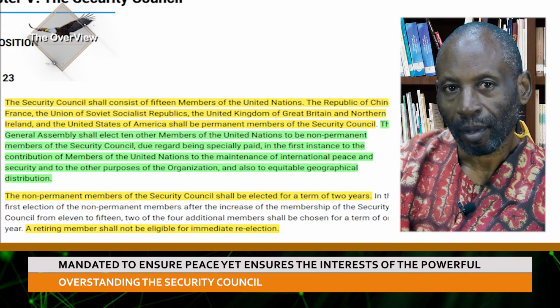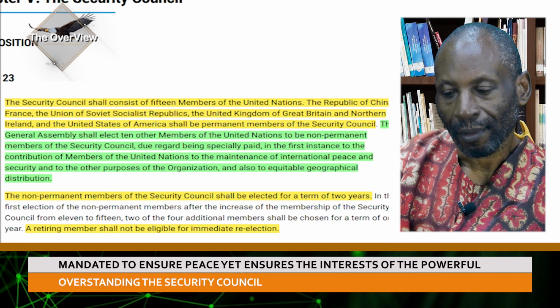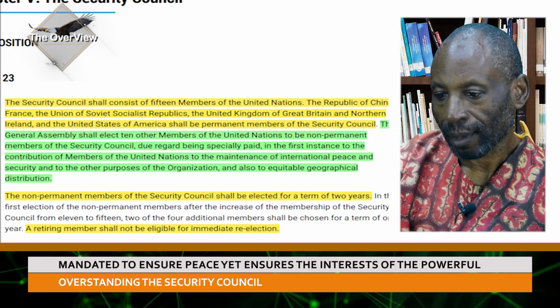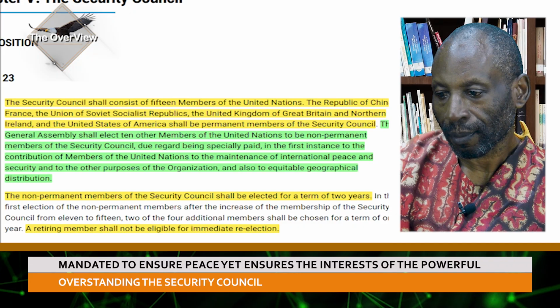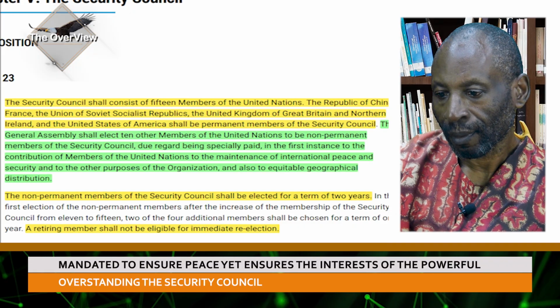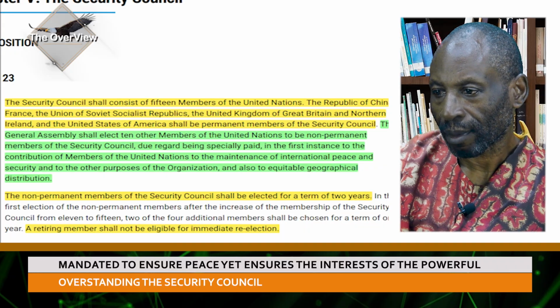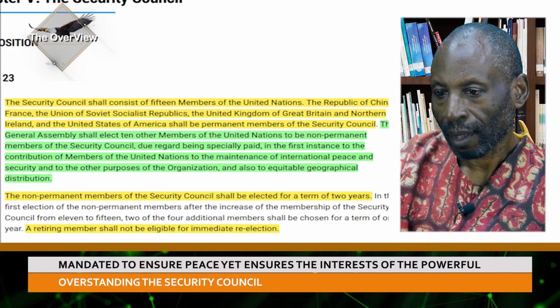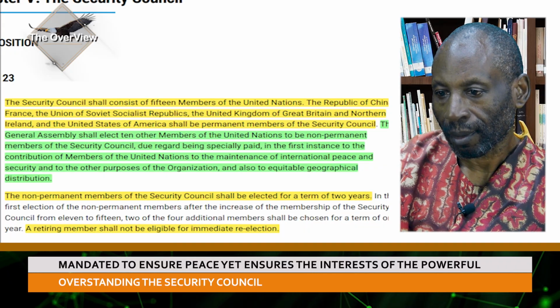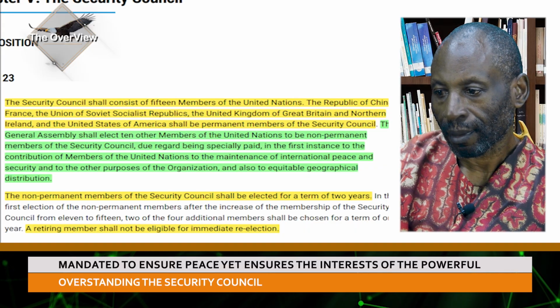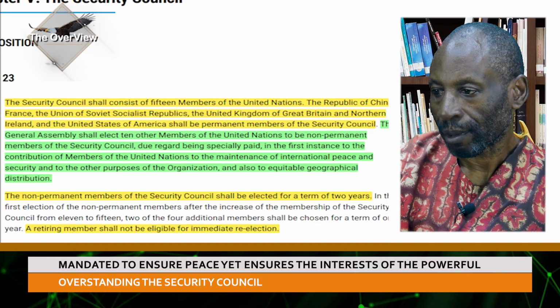And these are the problematic members of the Security Council, as I'll explain later on. There are 10 non-permanent members who serve terms of 2 years. Well, that is basically how the membership structure and purposes of the Security Council are organized.